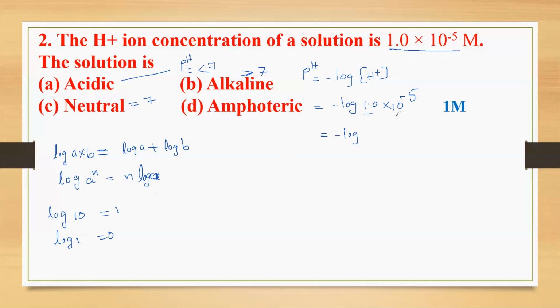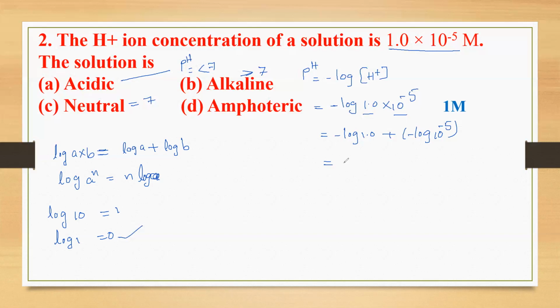This is like A into B, so minus is common for both quantities: minus log 1.0 plus minus log 10 raised to minus 5. Log 1 value is 0, so the first quantity becomes 0.